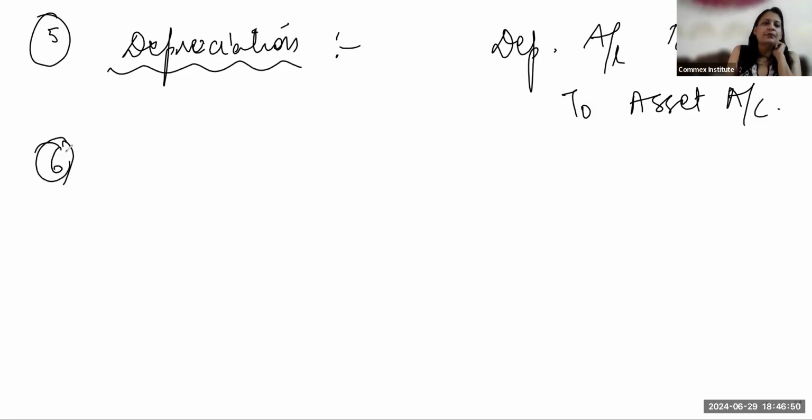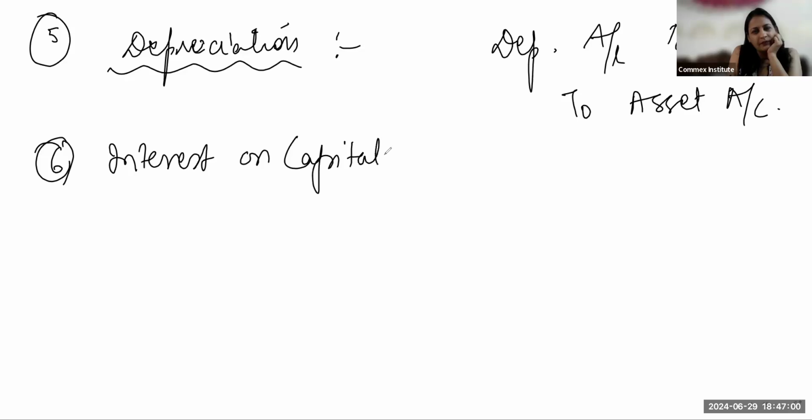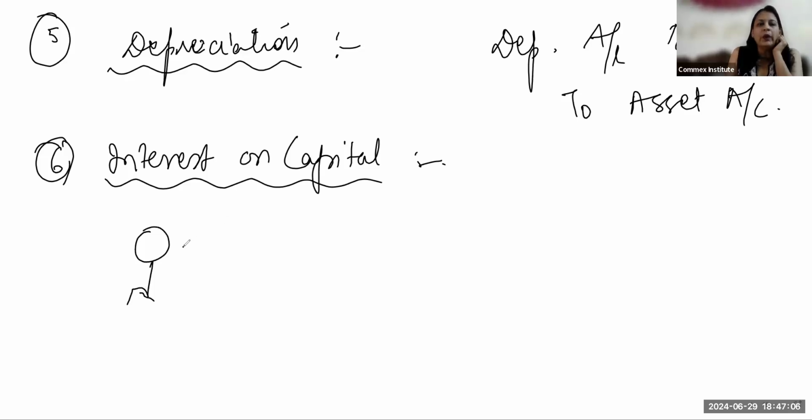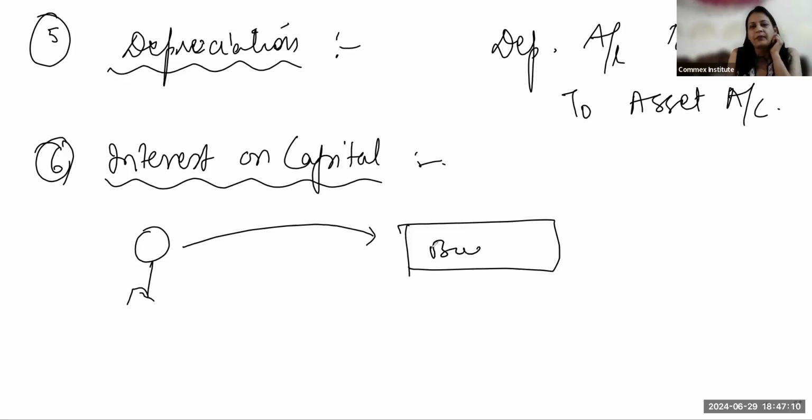Sixth entry is interest on capital. Now, what is interest on capital? See, the owner invests money into the business. Suppose he's putting 10 lakh rupees.